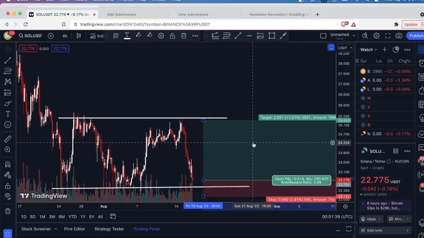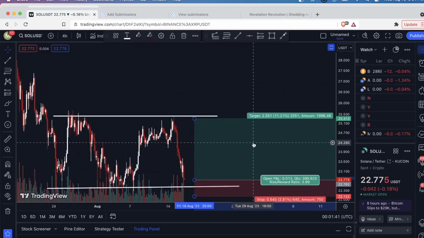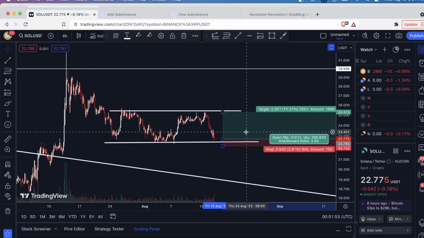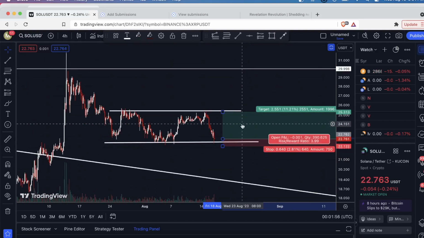This particular setup would give me a risk reward ratio of about 1 to 4, meaning for every $1 I risk, I could potentially get $4 back in return. Percentage wise, I would risk 2.81% to potentially get about 11.21% to the upside. Okay, so that is the trade setup that I see here.